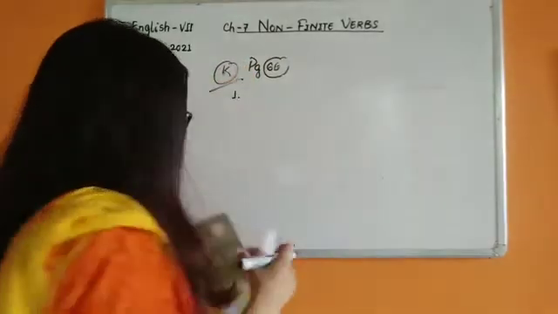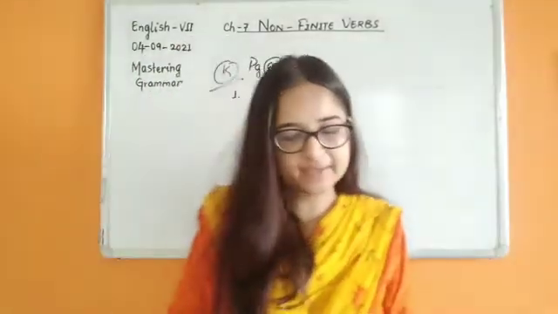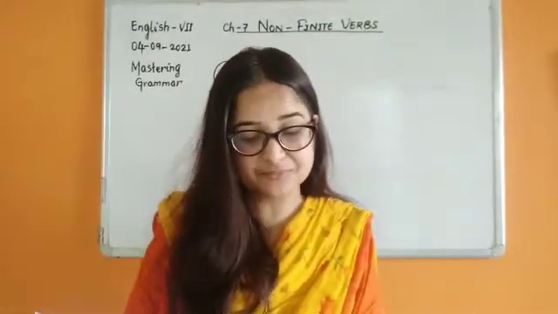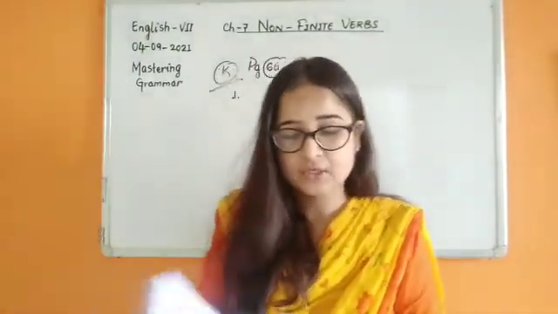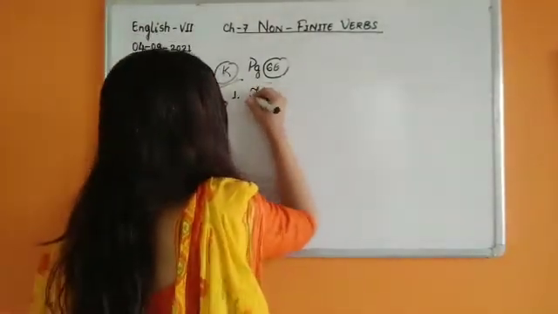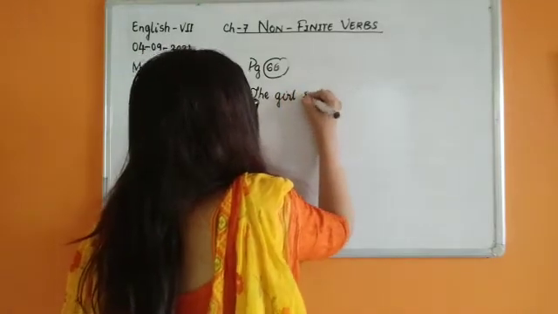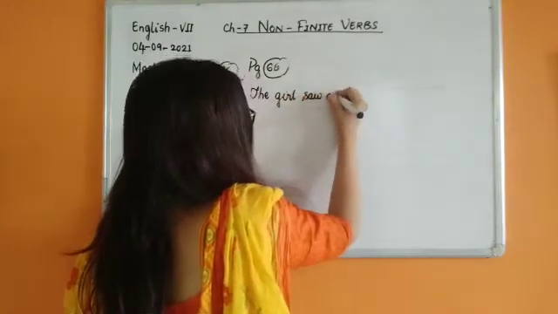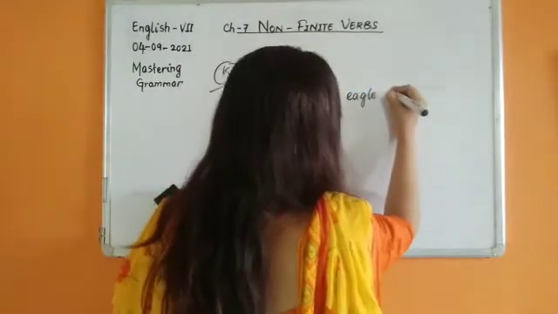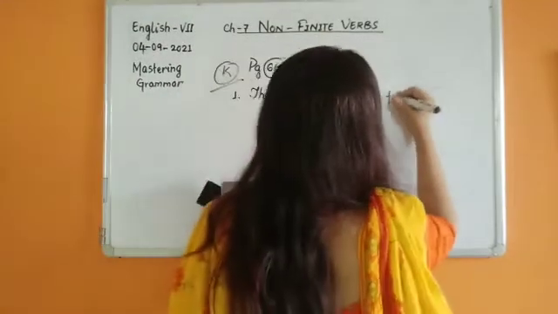Number 1. The girl saw an eagle. The eagle was flying up in the sky. You see, object and subject are the same. An eagle, the eagle. So the girl saw an eagle flying in the sky.